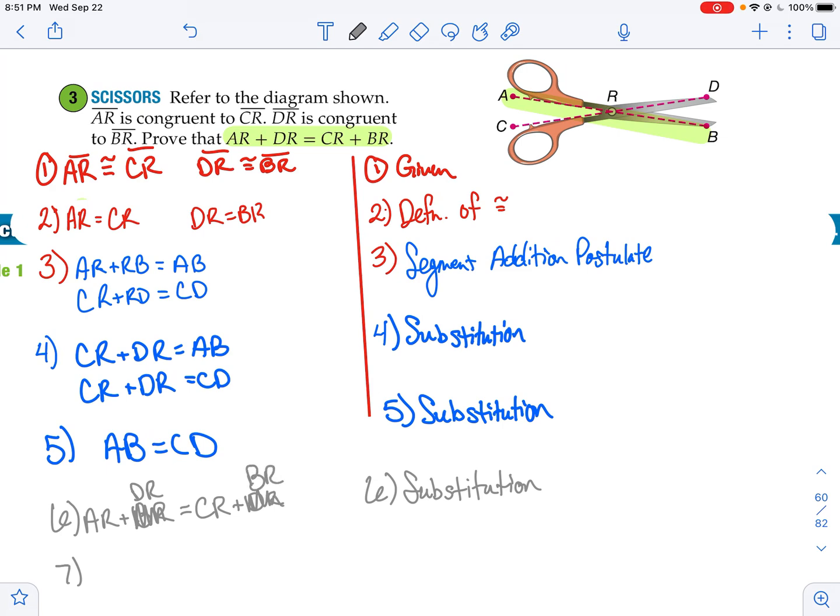That can become BR. And if I do that, then I get AR plus DR equals CR plus BR. Again by substitution.